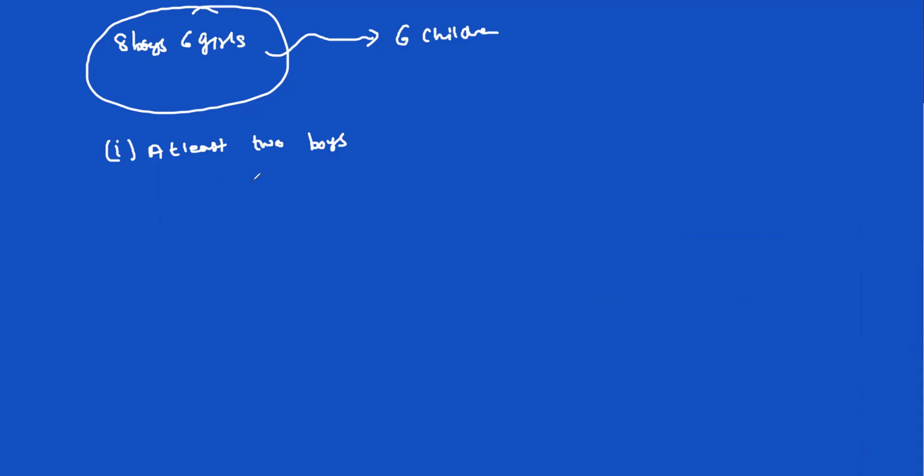At least means what? Here you can write the number of selections. At least two boys means what? The remaining seats are for 4 girls, right?